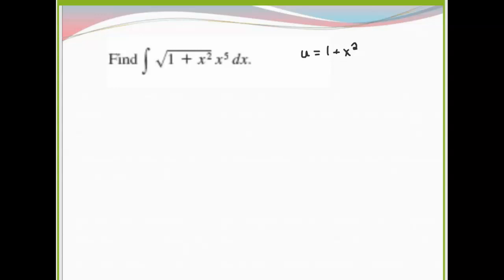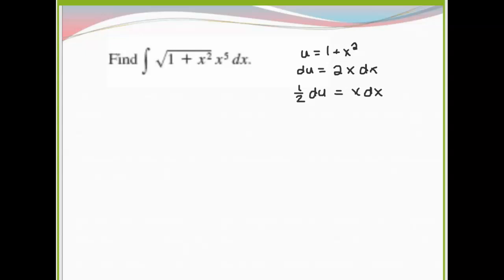Take the derivative of your u value. We know there's no 2, so I'm going to move it over to my du. So now I have 1/2 du equals x dx.